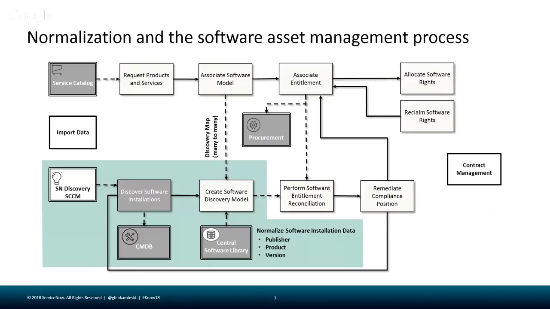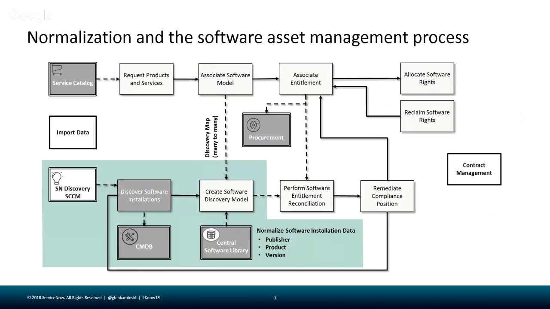ServiceNow then reviews all of the software installation data and creates the software discovery models that I mentioned earlier. Bear in mind that the definitions, and you can always get additional information about each of these topics within the documentation site for ServiceNow. So when the software discovery models are created, again, that's that unique combination of software publisher, software title, software version. It compares those values to the central software library.